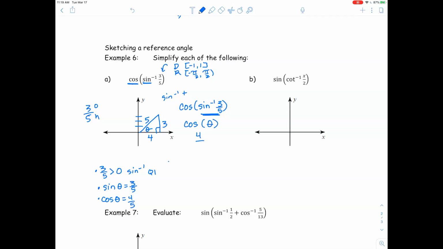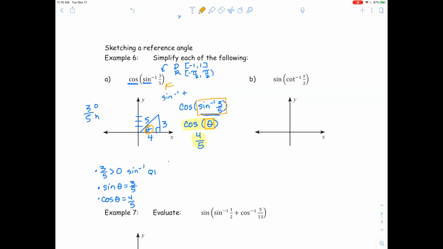And the cosine of theta we already found was 4/5. So first I drew that reference triangle, and I named the angle that we were talking about theta. And then I looked at my reference triangle and found the cosine of theta, which was 4/5.